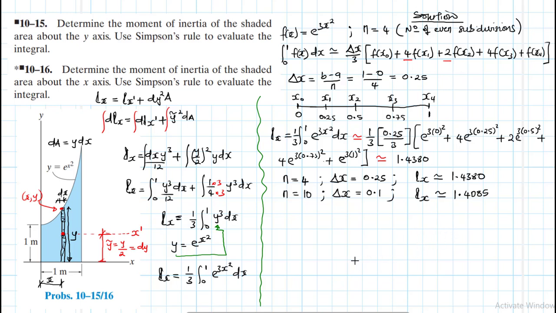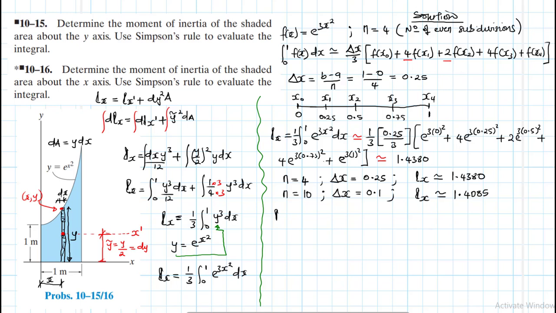I ended here at n equal to 10 because it was laborious, and this was a good approximation. So this is the value that we are going to take, which is the moment of inertia about the x-axis. Now let's go to the moment of inertia about the y-axis.